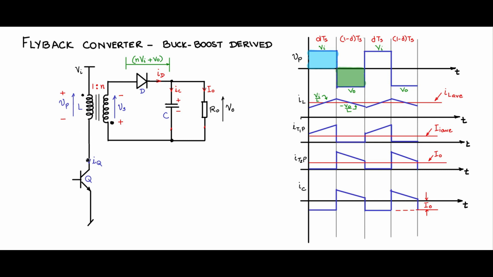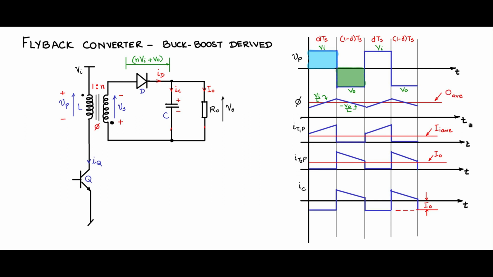Observe also that during DTS, the current that is flowing through the primary, IQ, is only for the part DTS, and during 1 minus DTS there is no current flowing through that. The only link between the primary and the secondary side of the inductor is the flux. So let us indicate that flux here, and IL we will replace with flux. So this is the flux waveform, but we have to change these values.